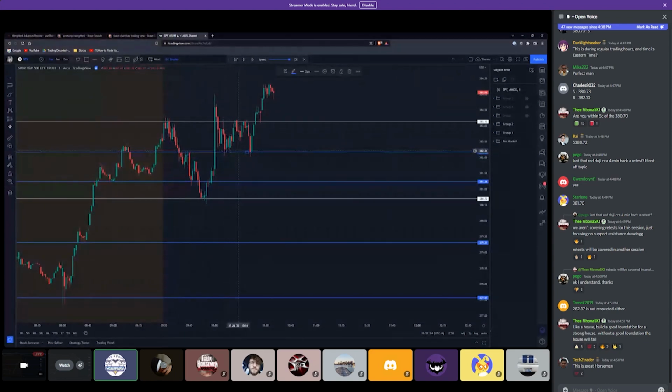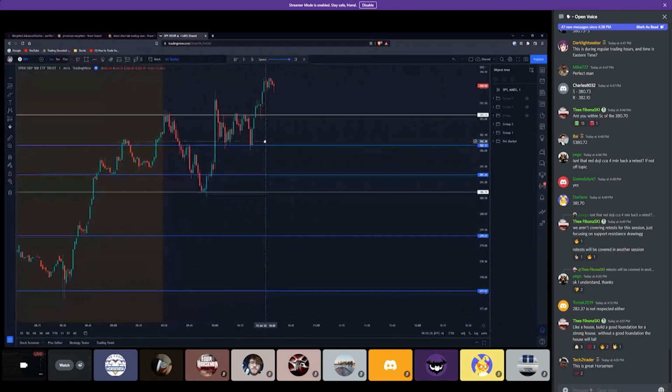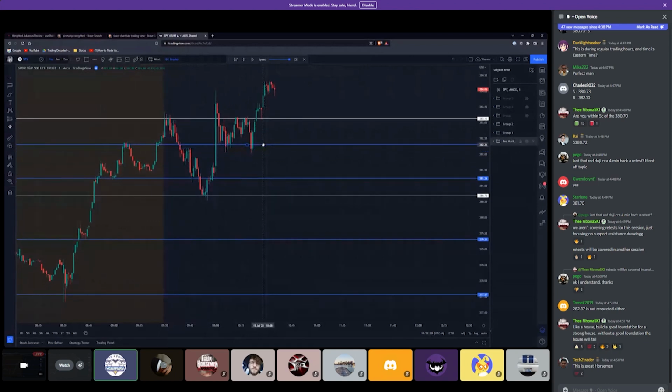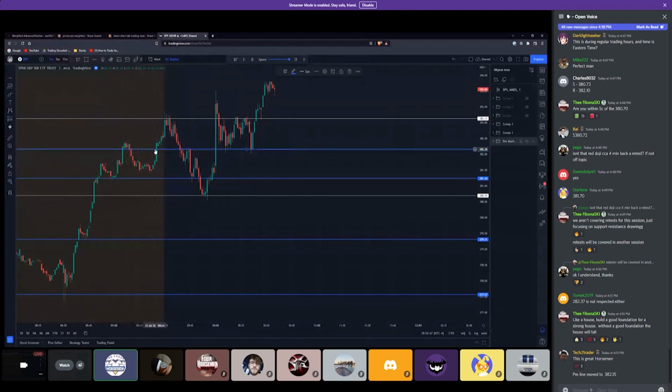So where it made sense to have it up here, because of all the information we had at the time, it makes a little more sense to bring it down here now, because this is a stronger area. Hopefully y'all can get it. This was solid support. This was solid resistance. Now we're back to solid support again. So we just bring that down. No use in drawing another one. Just bring the one you had down a little bit.